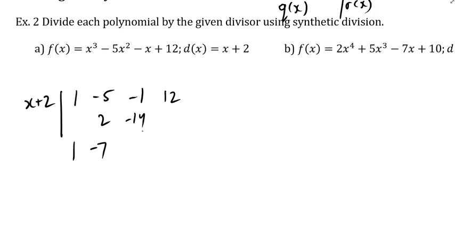Then I subtract. Negative 1 minus negative 14. Negative 1 plus 14 is 13. Multiply by 2, 26. 12 minus 26, negative 14. That's my remainder. And I'm done.